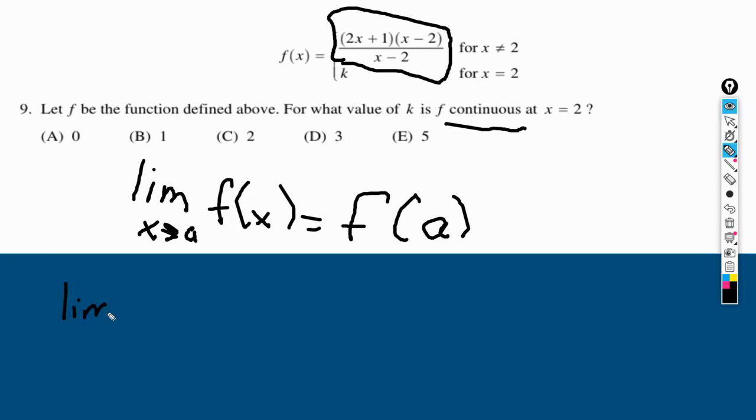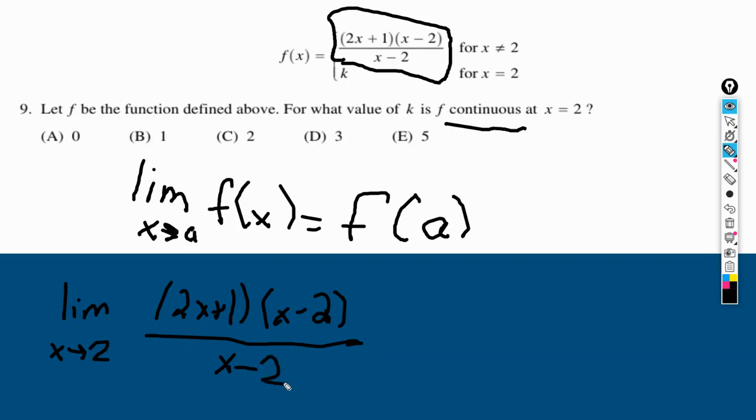So the limit as x approaches 2 of (2x plus 1) times (x minus 2) divided by (x minus 2). So now, first thing we can do is we can directly substitute 2 in.